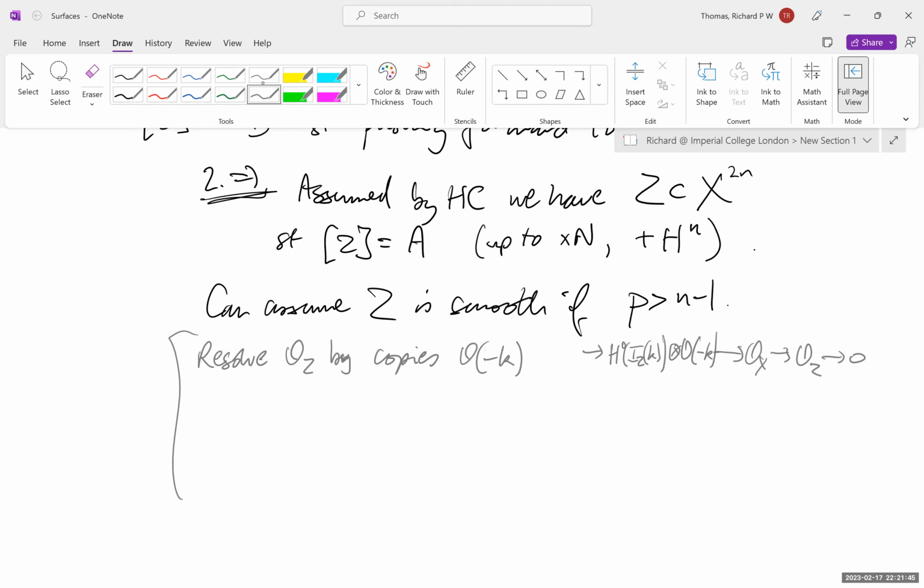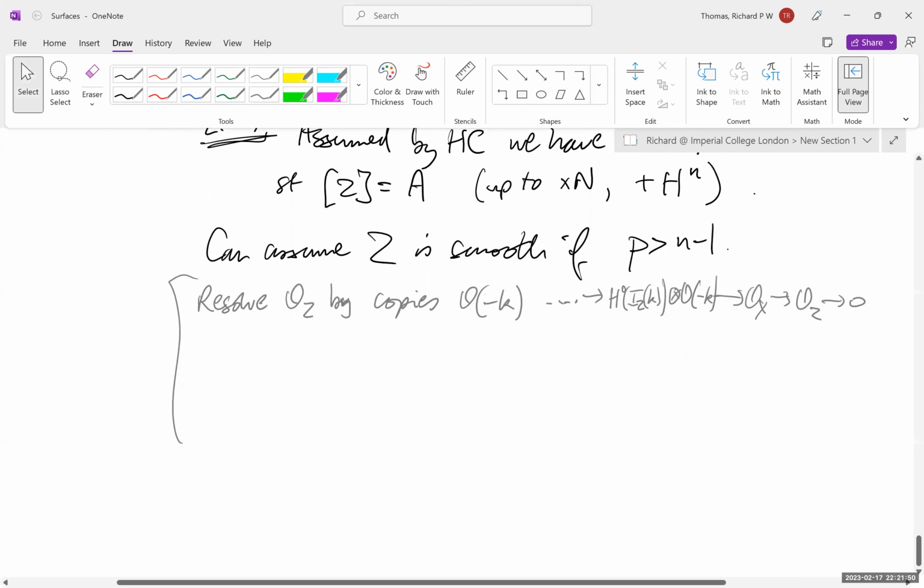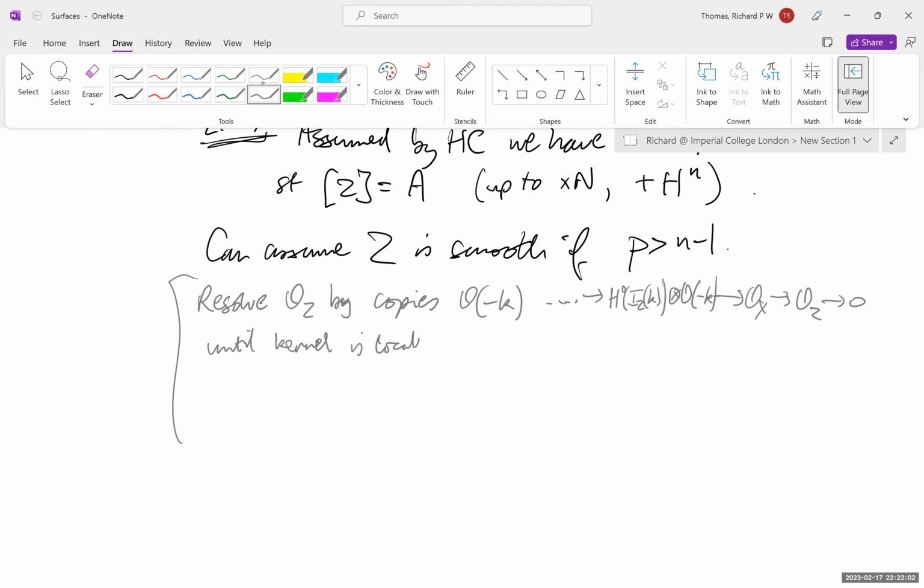And so I keep resolving, I just go on and on, until, once I've gone n times or 2n times or something by the syzygy theorem, the kernel is locally free.